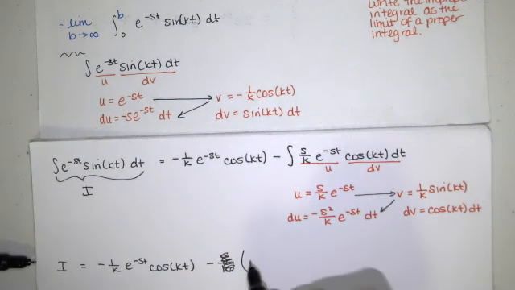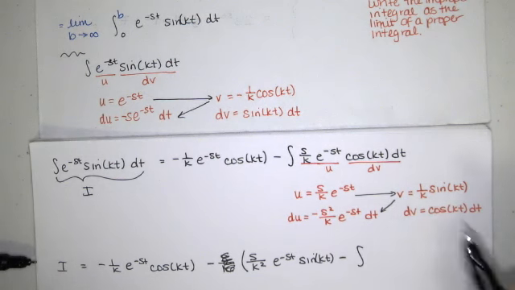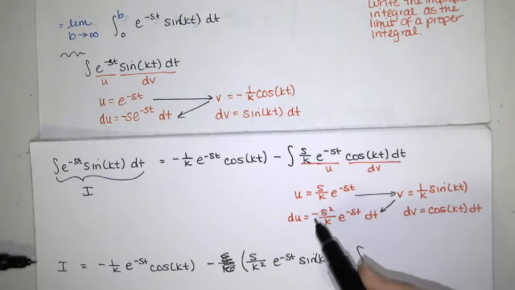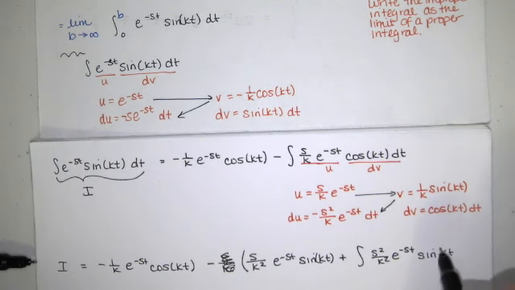We get u times v. So I have s over k squared times this exponential, minus the integral of v times du. That du is negative, so we're going to end up adding there. And that k times that k is going to give me a k squared in that denominator. Do you see it?